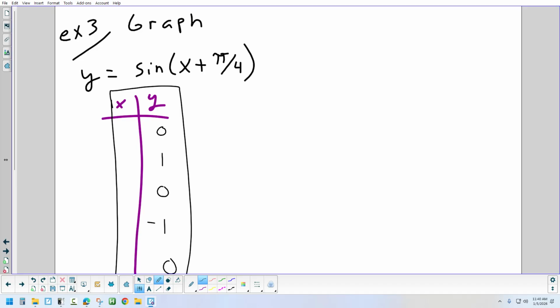They're not changing. Now I need my original x's, but I'm going to put them off to the side because they're all going to change. What are my original x values? They're just all the x's that are spaced every 90, but in radians. Yep. 0, pi over 2, pi, 3 pi over 2, and 2 pi. Okay, and all of those need to be adjusted. And what are we going to do to every one of them?